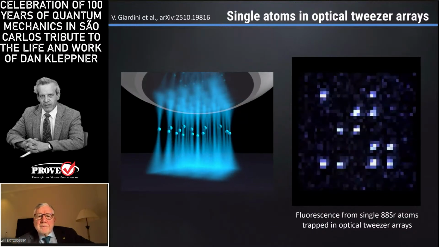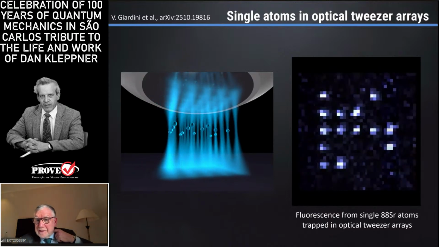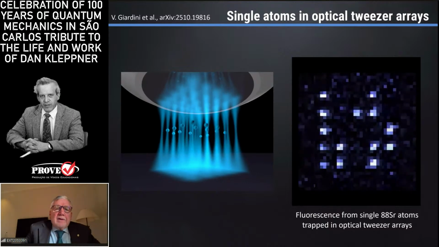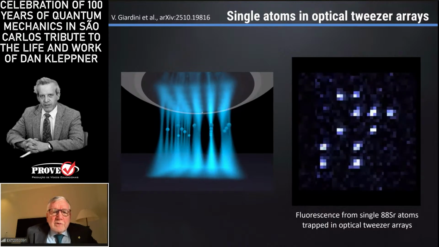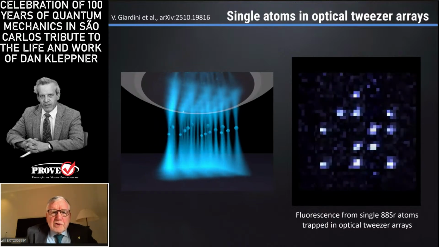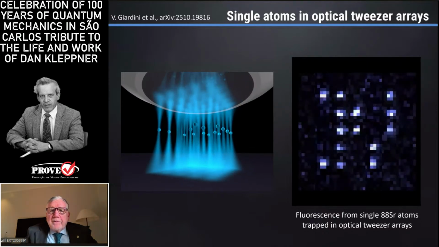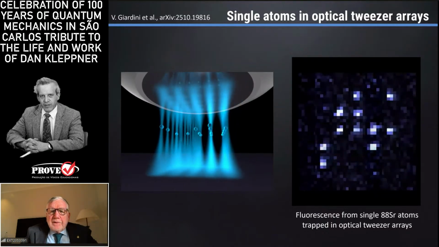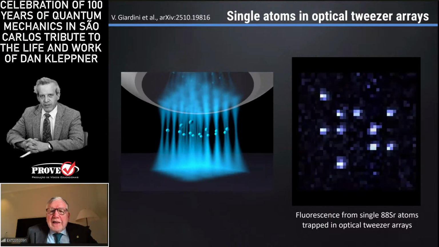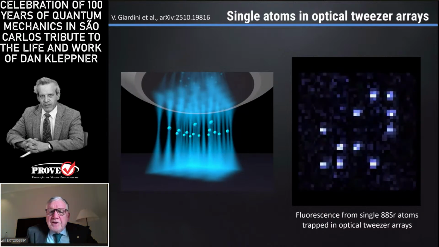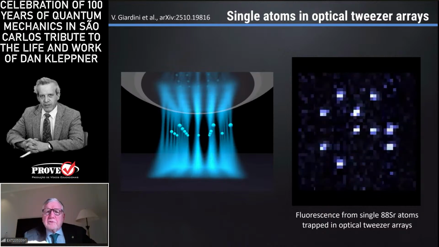The image that you see here is some work done in Florence using, again, another 2 electron atom, which is strontium, which is a possible quantum simulator or quantum computer. And the things that you see flashing in the image are single strontium atoms trapped in optical tweezers.